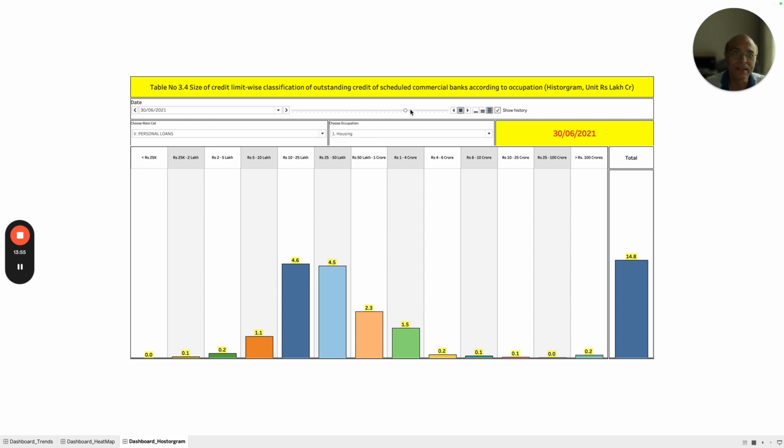And from here, there is a clear shift in the trend of focus of personal loans towards housing in the 25 to 50 lakhs range, right? Can you see this? It's a very interesting insight.